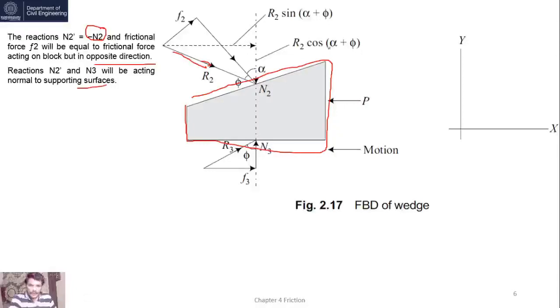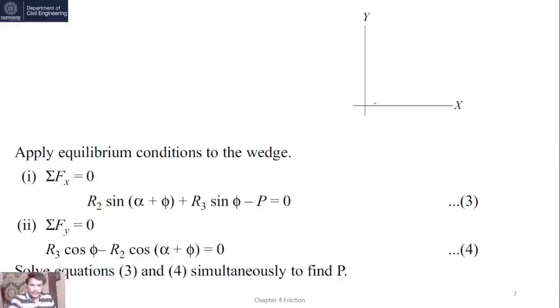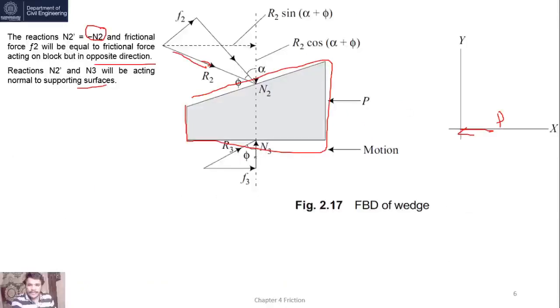So here let me draw the free body diagram. So P is acting here, and this is R3. So it makes an angle of phi with vertical.